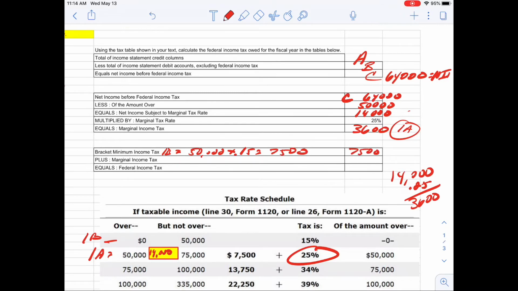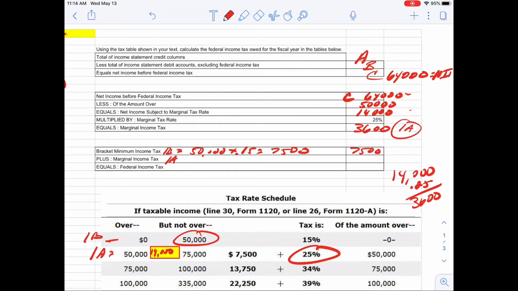What that's saying is the tax on that first 50,000 of my 64,000 equals $7,500. The tax on the next amount that has not been taxed, which is 14,000, because remember my total is $64,000, so 1A is going to be 14,000 times 0.25, which means that's going to be $3,600.